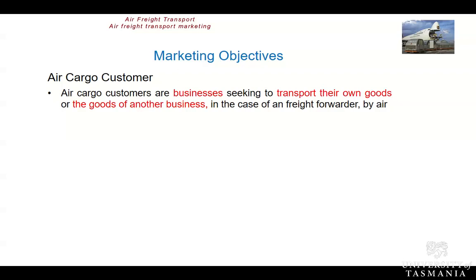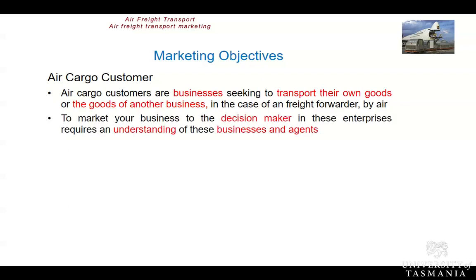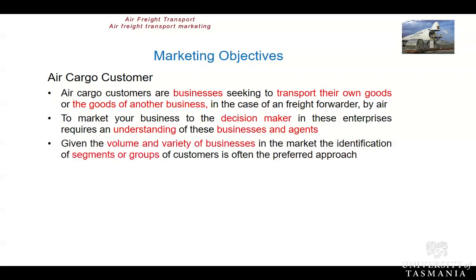So you can say the shipper, the person who manufactures the goods, and the freight forwarder who's moving the goods. You could call both of them a customer. And ultimately, your task is to market towards the decision maker in both of these enterprises, whether it's the shipper or whether it's the freight forwarder.